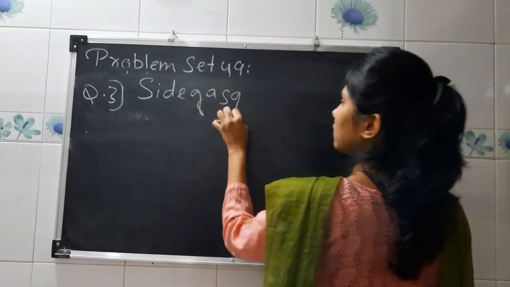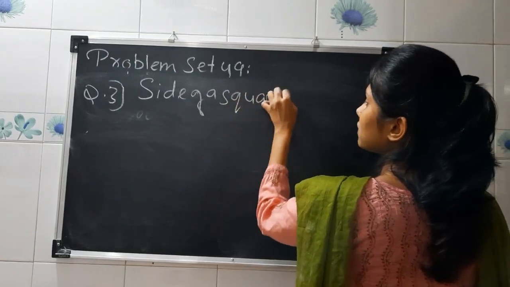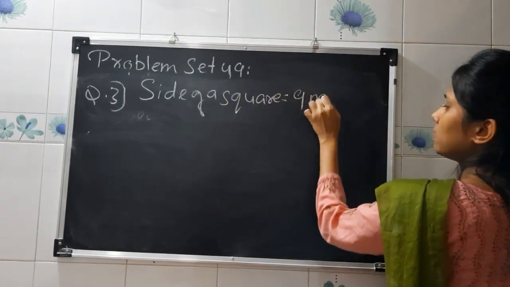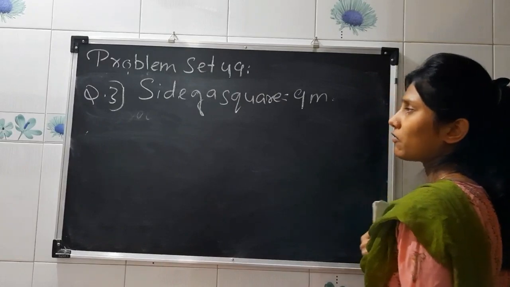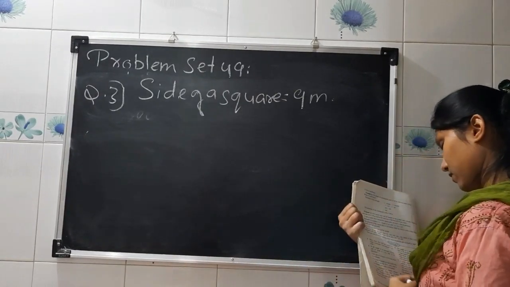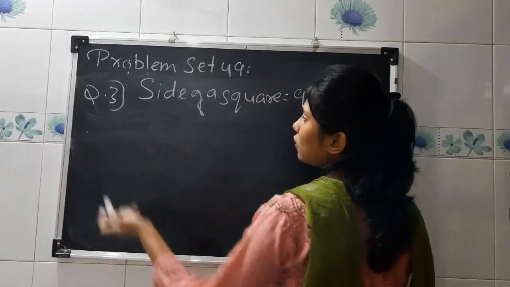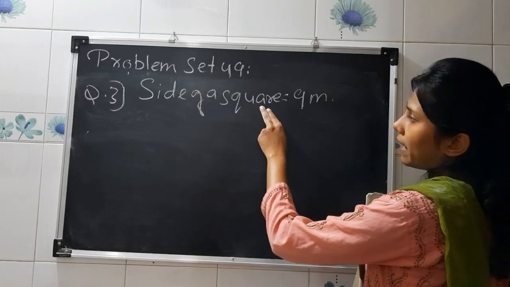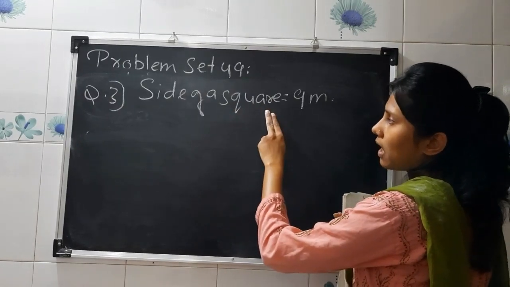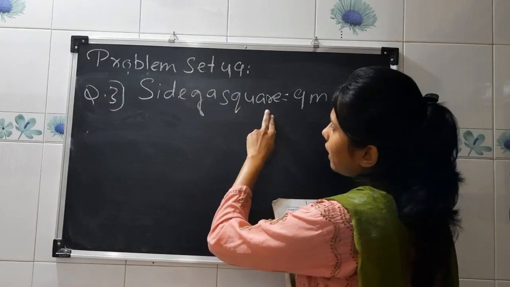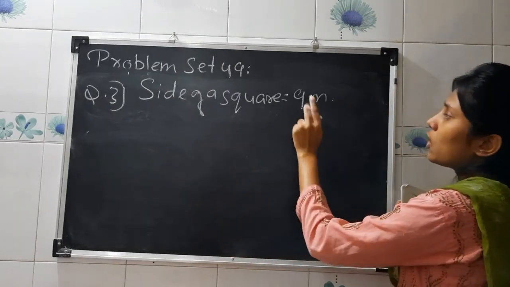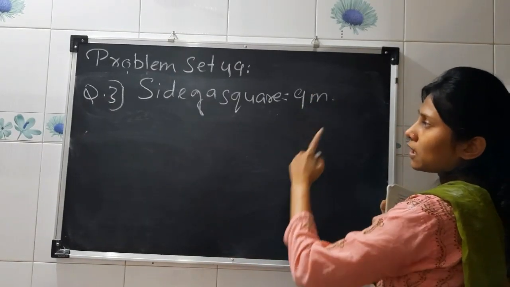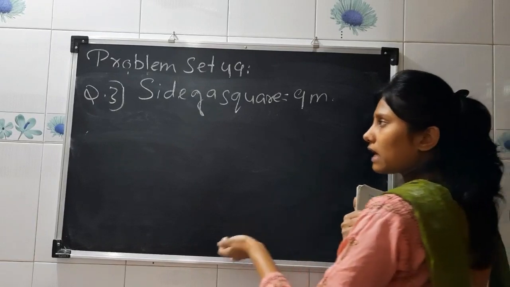Okay, they have given you side of a square 9 meter. We have to find its perimeter. Okay. So you all know that all the sides of a square are of equal length. Okay. So means here if one side is 9 meter, then all sides of square are 9 meter.